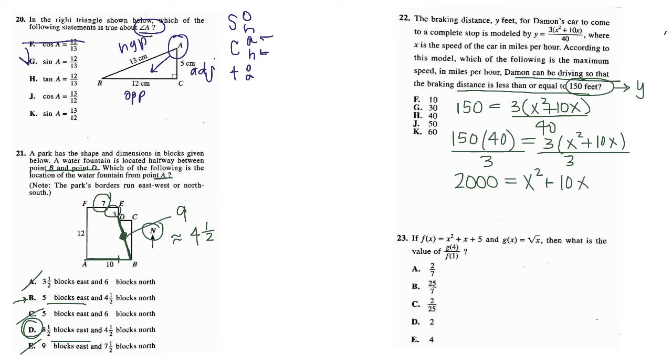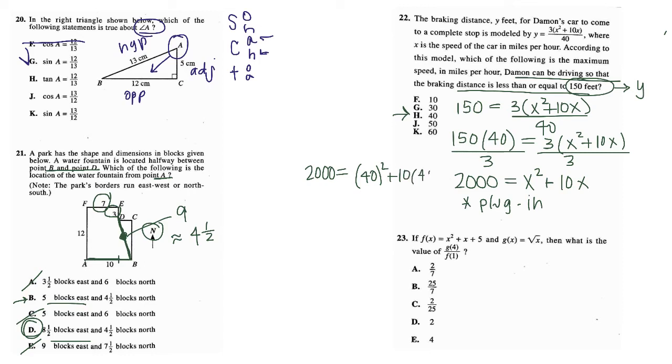Now from here you've got a couple of options. I would plug in my answer choices and see what makes the most sense. I would start right in the middle and see how that works. So what I would do is plug in 40 because it's right in the middle and see what happens. When I say plug in, it's going to be 40 squared. So I'm trying to see, does 2,000 equal 40 squared plus 10 times 40?